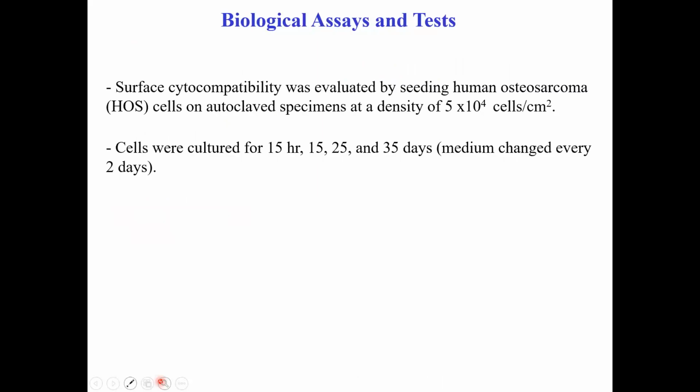The surface cytocompatibility was evaluated by seeding human osteosarcoma cells, HOS, on autoclaved specimens at a density of so many cells per square centimeter. Okay, and then the cells were cultured for different amounts of time, and the culturing medium was changed every 2 days.